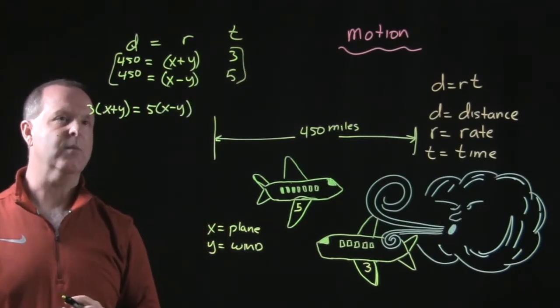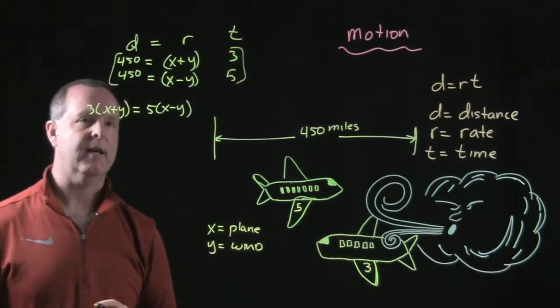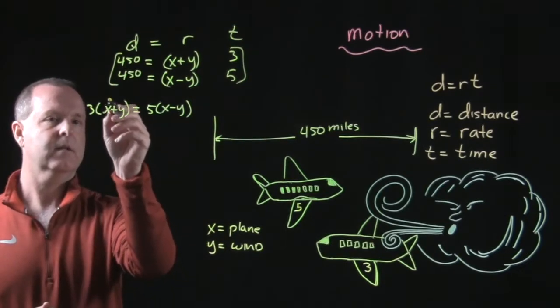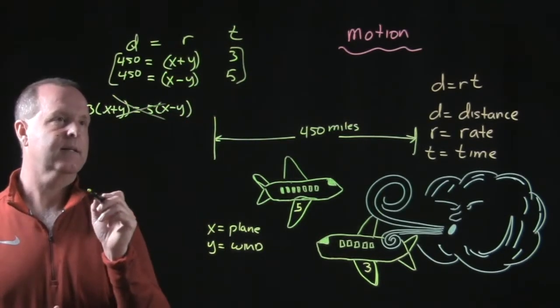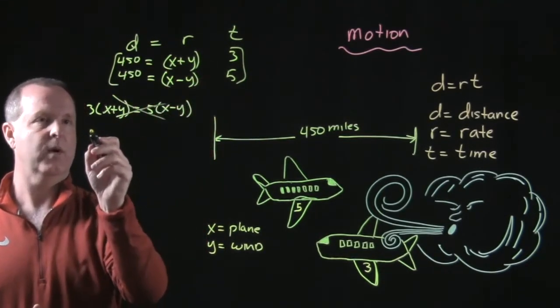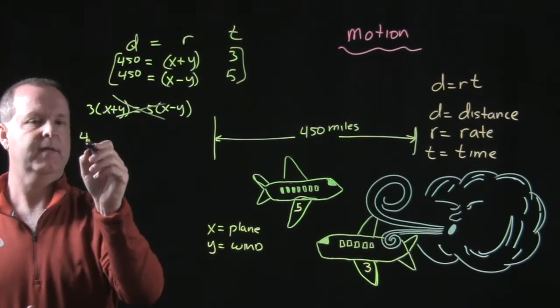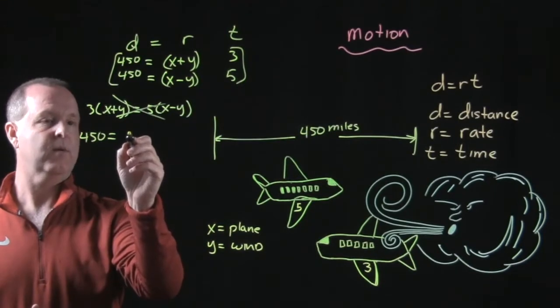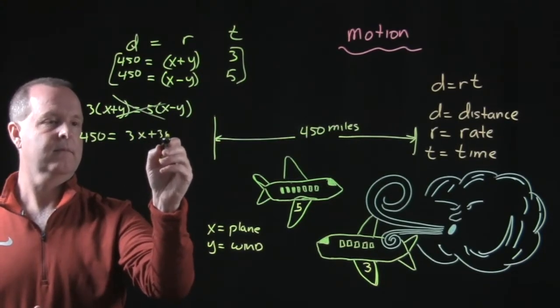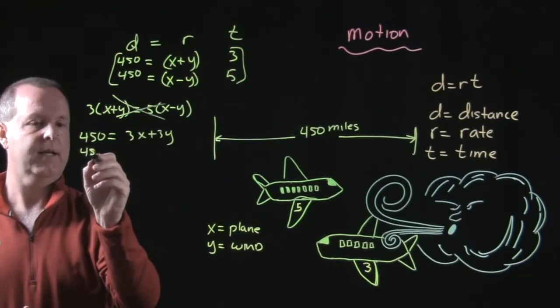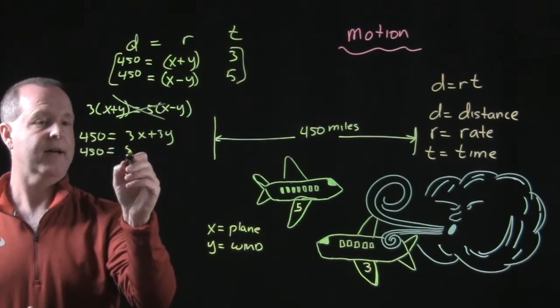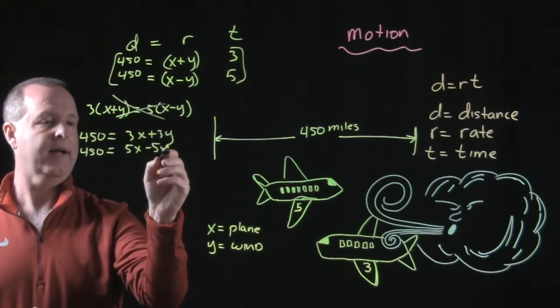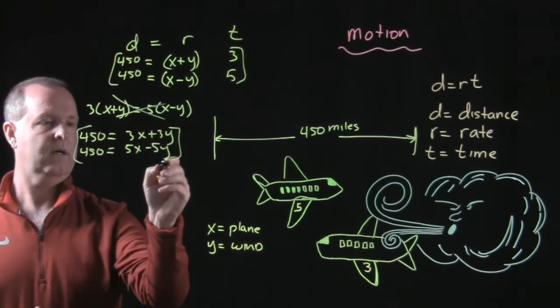I just said equal to begin with because I just got carried away with the wind. So let's back up a step then, and let's just work that out. So one equation is 450 equals 3x plus 3y. And the other one is 450 equals 5x minus 5y. All right, I can live with that.